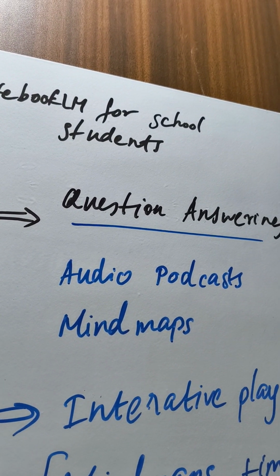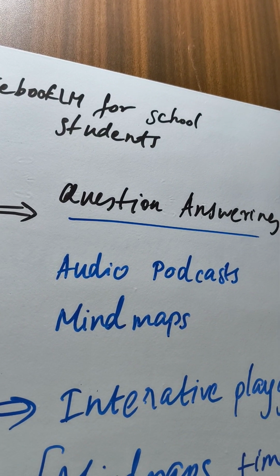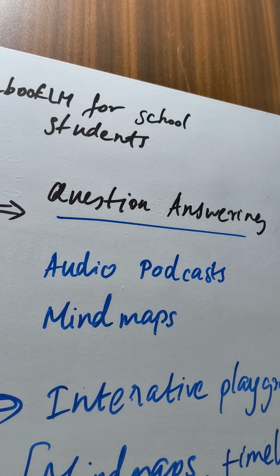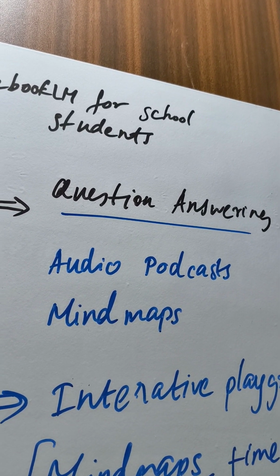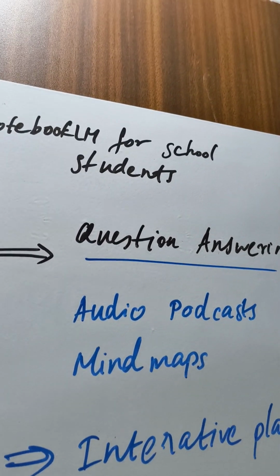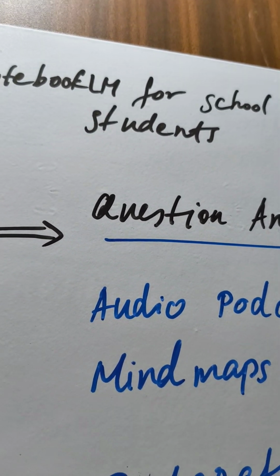So it actually takes your material into context so that it reduces hallucination, and it can also give a citation of which document contains your answer, and special features including audio podcast and mind map.